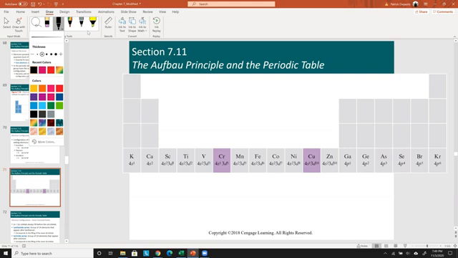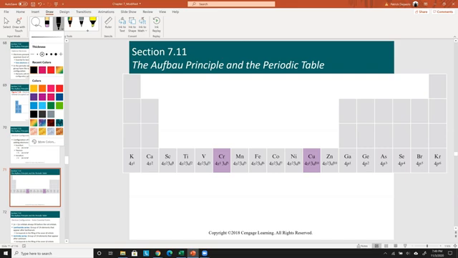Chromium, 4s1, 3d5. Now, what the hell is that? And then, keep going, 4s2, 3d5, that makes sense. 4s2, 3d6, 4s2, 3d7, 3d8. Then you get copper. 4s1 again, 3d10. Then you have zinc, which is 4s2, 3d10.